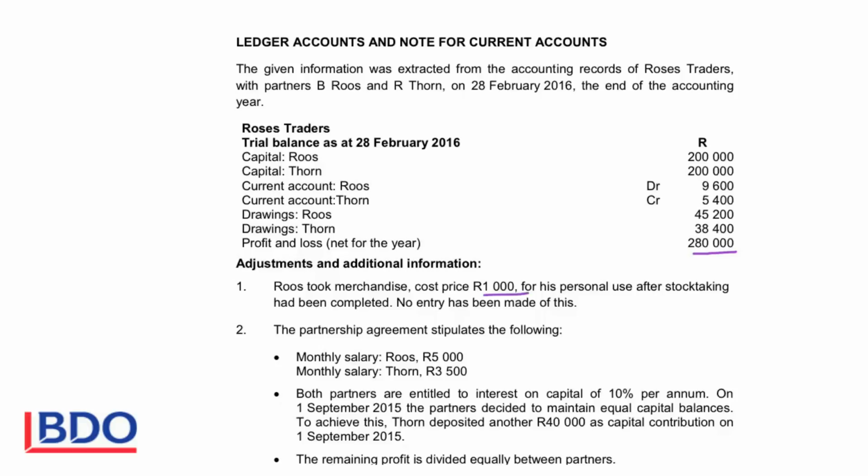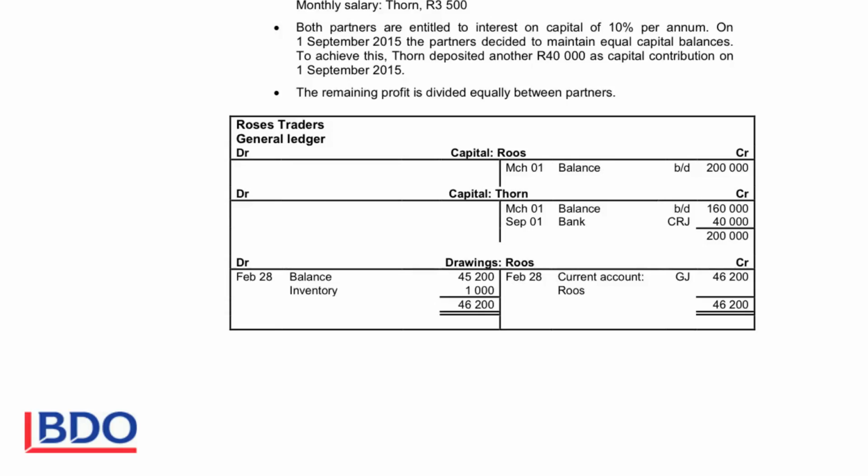No entry has been completed for this, so that means that we must go to the drawings account of Rose and show that his drawings increased with R1,000. The drawings account had a balance for entries already completed of 45,200. We will debit the drawings account with the additional 1,000 and we will credit the inventory account.